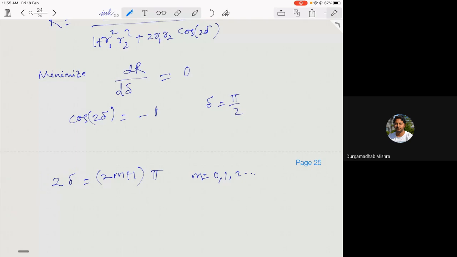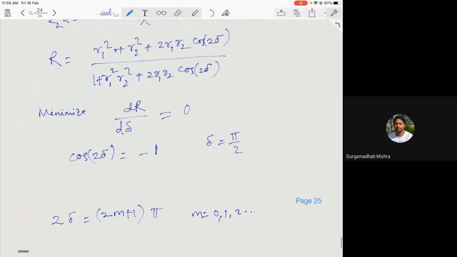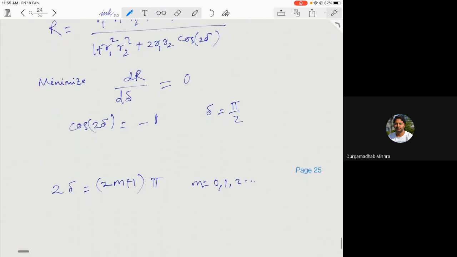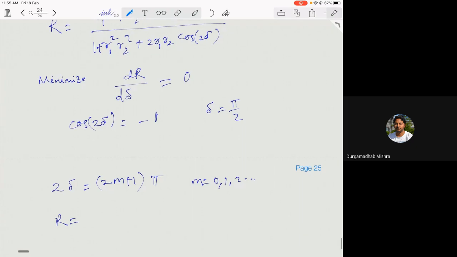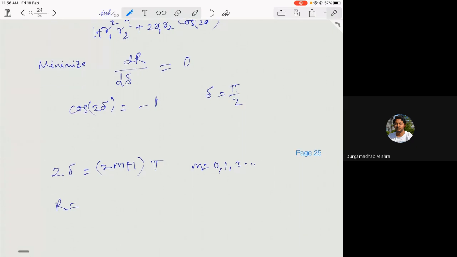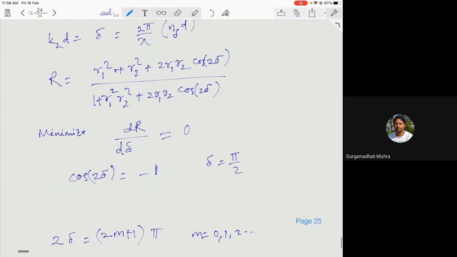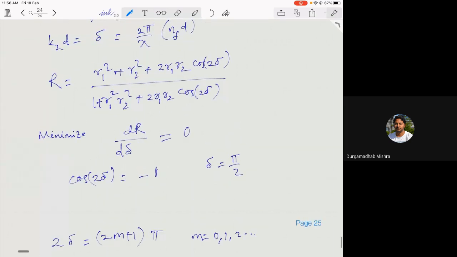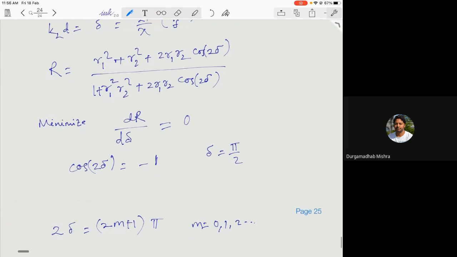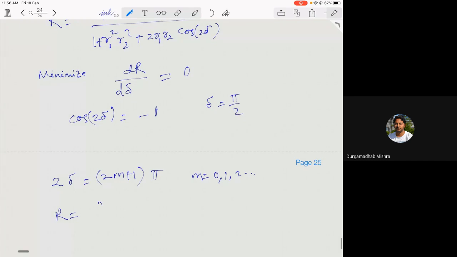If you substitute that, for this glass, IR and the film case, R for the minimum condition, when cos 2 delta is minus 1, will be equal to (R1 minus R2) by (1 plus R1R2) whole square.